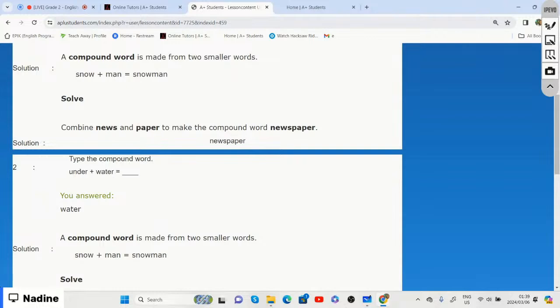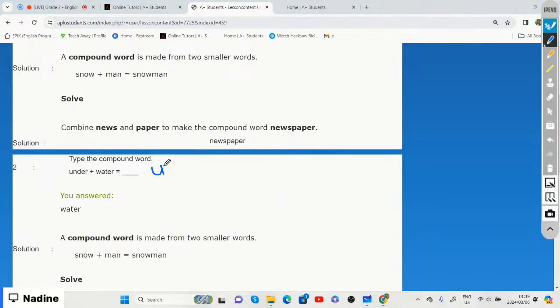All right. So we have under plus water. And if we have under plus water, then it means it's going to be underwater. Right? So under plus water is underwater.